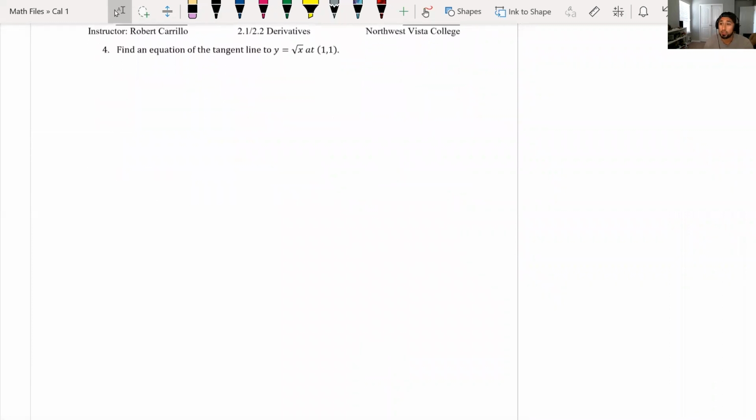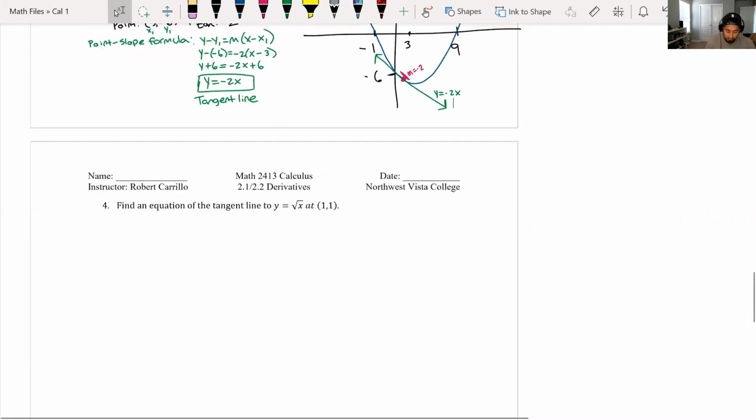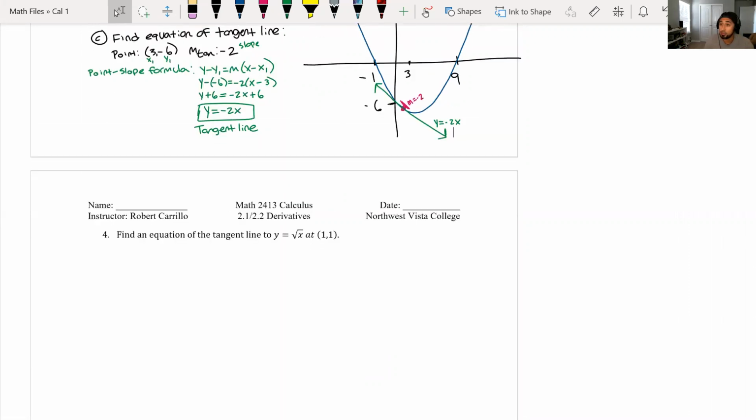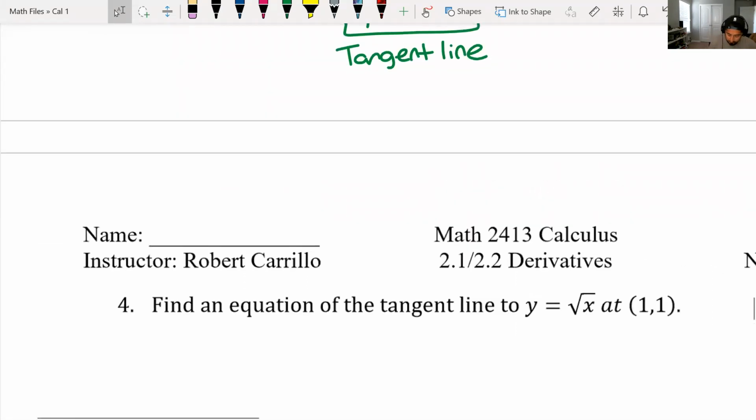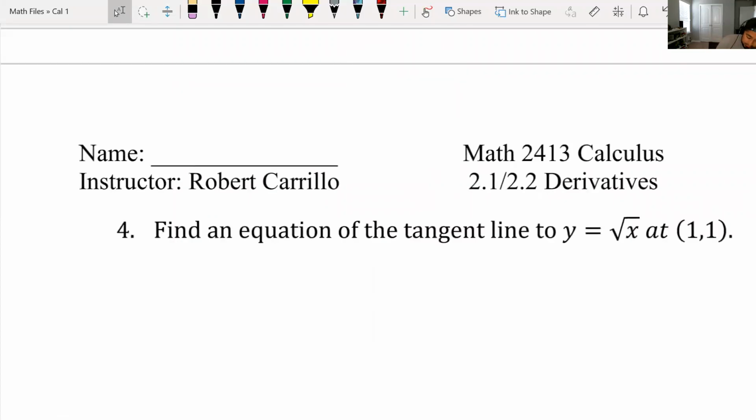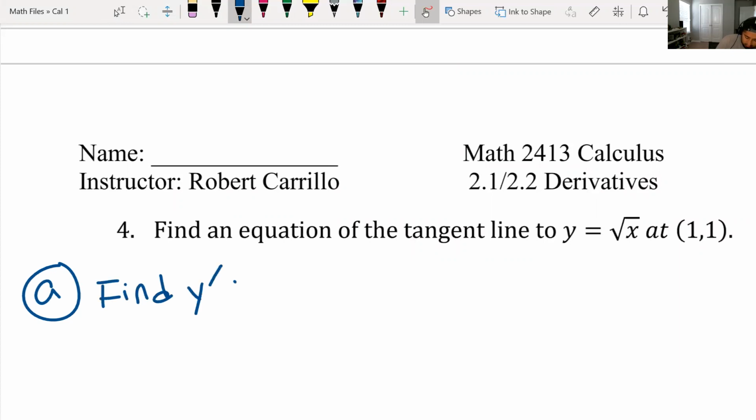All right. We reach the very last problem. Find an equation of the tangent line to the function y equals the square root of x at the point 1, 1. Okay, here we go. Let's use the definition of the derivative. So again, I'll do this in one go. So we'll say A, find y prime, the derivative.